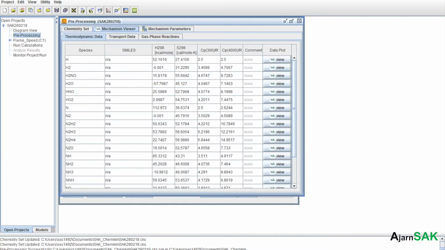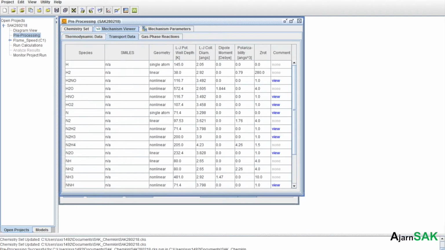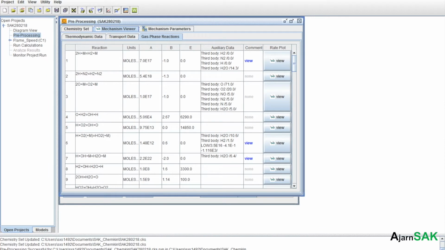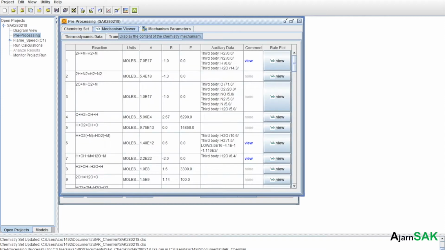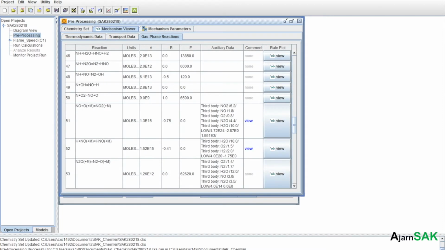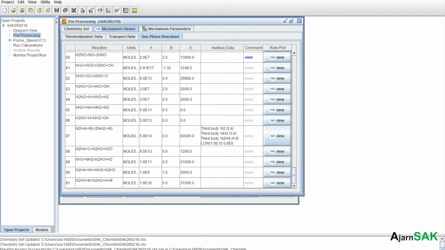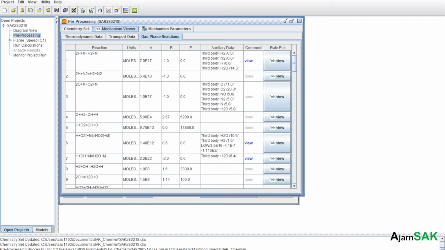When we take a look at the mechanism viewer, you can see thermodynamic data, transport data, gas phase reaction, and so on. You can see the number ABE that corresponds to the txt file that I got from Hadi, and this includes all the mechanism.